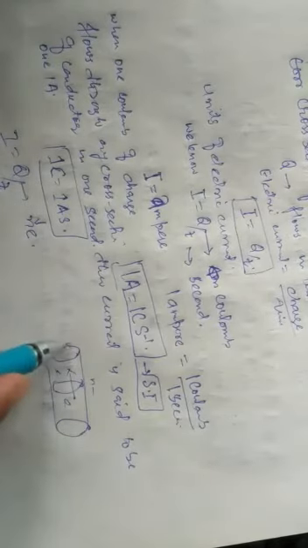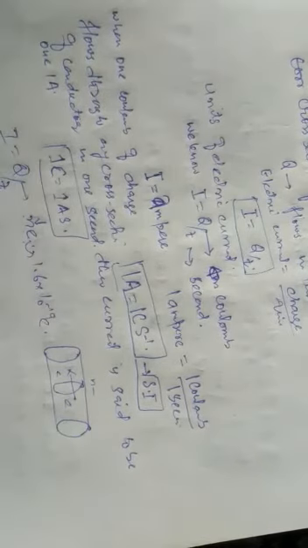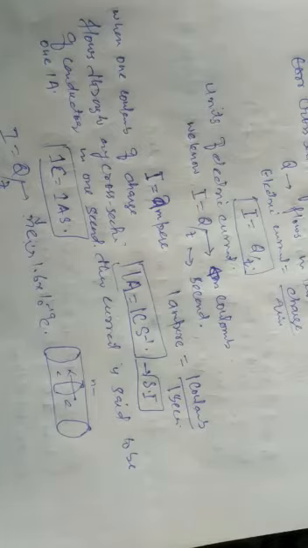If 10 electrons flow, then the charge is 10 into e. e has the charge 1.6 into 10 raised to the power minus 19 coulomb. I am just showing current in terms of the number of electrons.